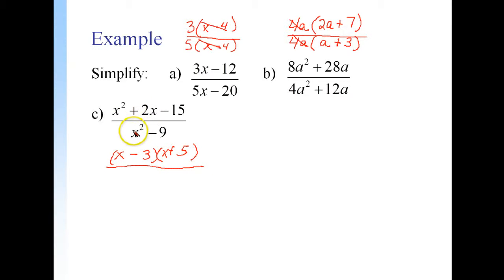And then now I look, I see I have the difference of perfect squares that will factor into its conjugates. I used to put the plus first always, but I see if I put it on top here, this will cancel out. And then there's my answer.